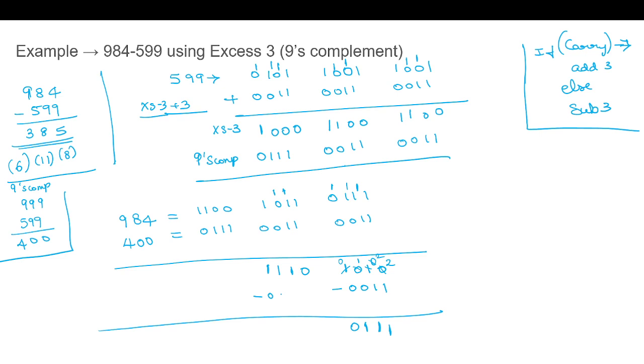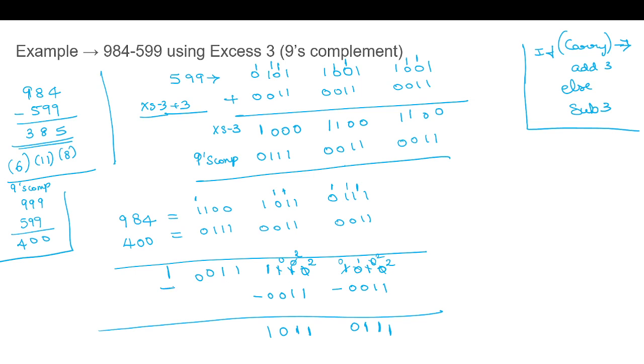Again subtract with 0 0 1 1. So this again we need a borrow. This will become 0. This will be 1 1 0 1. And now this is 1 1 0 1 0 and 1. We have one carry here.